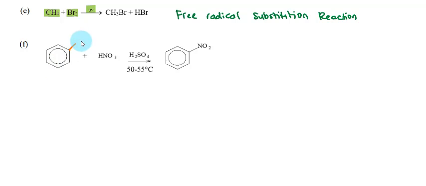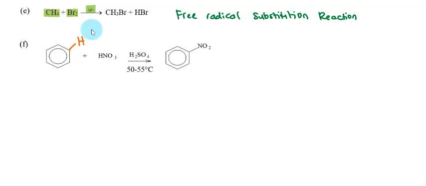For E, we have an alkane, methane, reacting with Br2 in the presence of UV. If you still remember the reactions that involve alkanes, it is a free radical substitution. For F, each carbon in the benzene ring has one hydrogen atom, and this hydrogen we substitute with NO2.